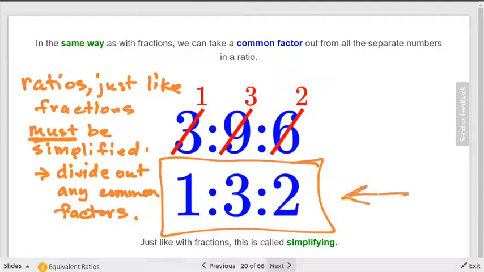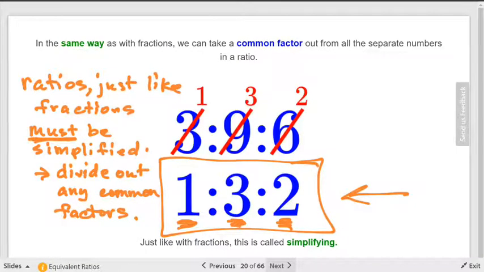So if you look at this one, they had 3, 9, and 6. Those would all divide by 3, so that's what they did. 3 divided by itself gave you the 1. 9 divided by 3 gave you the 3. 6 divided by 3 gave you the 2. So just find the number that will divide evenly into all of them.